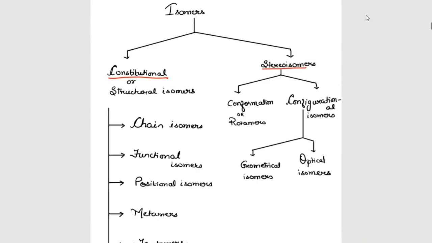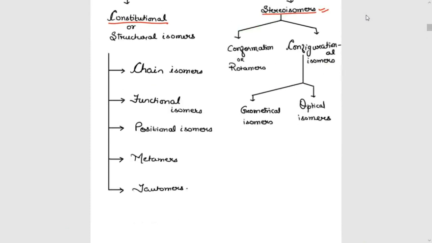Second is the stereoisomers, that is the isomerism which is generated due to different arrangement of atoms with respect to space, with respect to 3D geometry. Coming back to constitutional or structural isomers, there are five types: first is chain, second is functional, third is positional, fourth is metamer, fifth is tautomers.